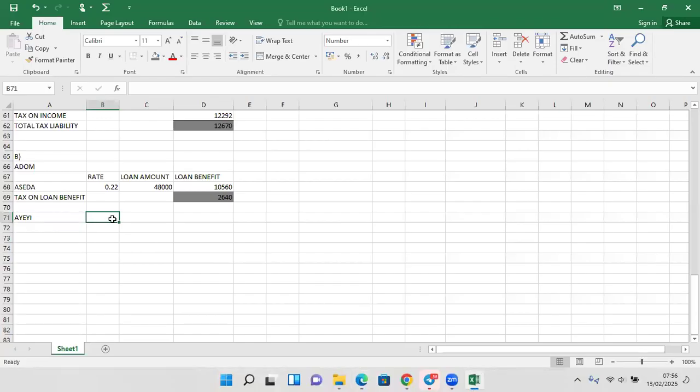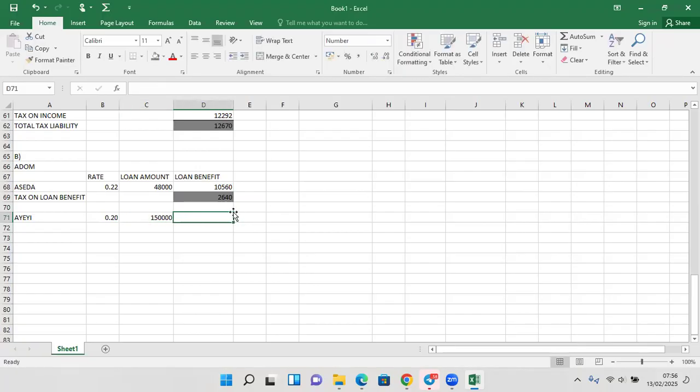The rate is going to be equal to 0.3 minus the 10%, which is 0.2. Then his loan amount is going to be 150,000 because he had an outstanding loan already.